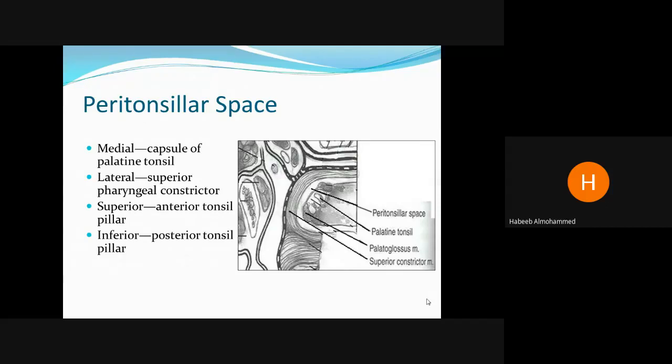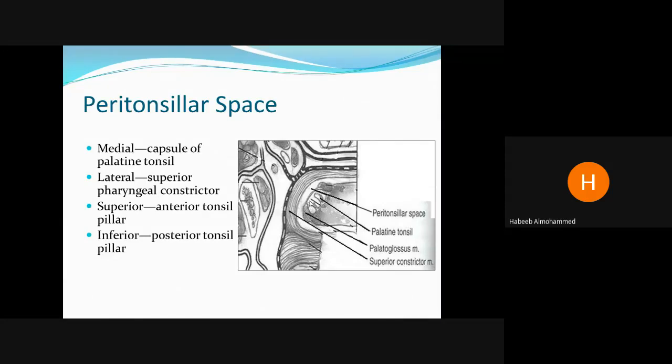So what is the peritonsillar space from an anatomical point of view? This space is found adjacent to the tonsil. It is bounded medially by the capsule of the palatine tonsil, so it is part of the oropharynx.